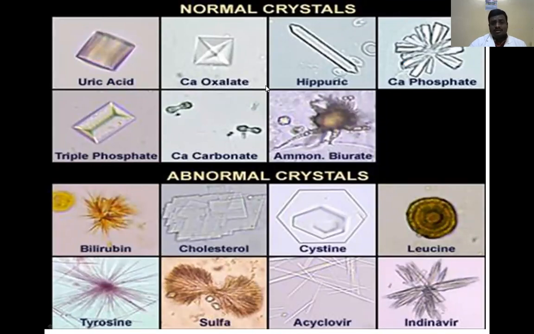Uric acid, oxalates, hippuric acid, phosphates, calcium, bilirubin, cholesterol: these are different types of crystals you will see under the microscope, mainly in kidney failure patients.